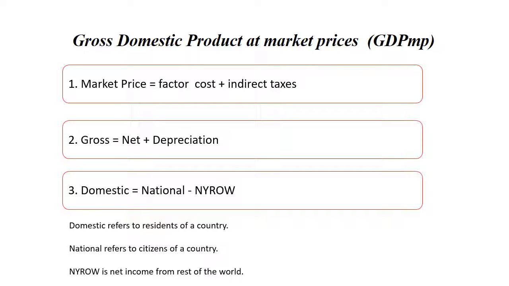For example, when I was an Indian citizen and I was working in the US, I would be called a resident of the US. But since my citizenship lay with India, I was considered a national of India. So domestic refers to residents of a country, national refers to citizens of a country, and these two are related through net income from rest of the world, which we have abbreviated as NERO.